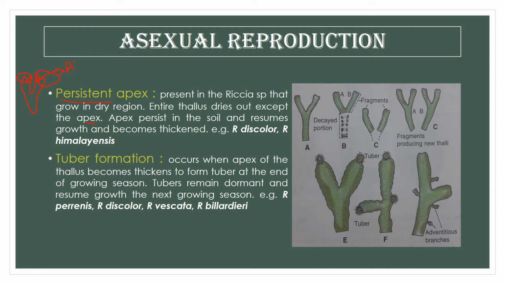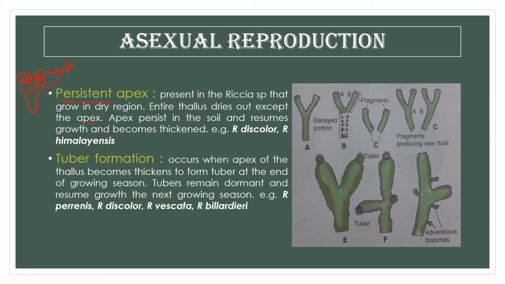This apical notch at the apex of the growing thallus has a row of 3 to 5 cells, and these few cells remain dormant during the entire dry period.